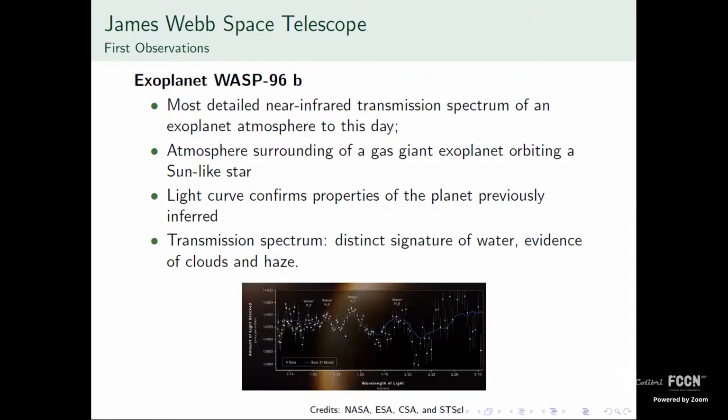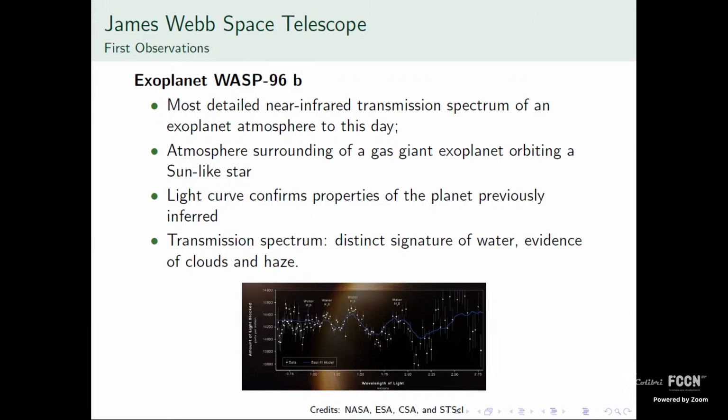So in the fourth observation, we have this exoplanet WASP-96b. So this is a hot, puffy, giant exoplanet, much larger than the ones we have in our solar system, that is orbiting around a sun-like star very far away, okay?